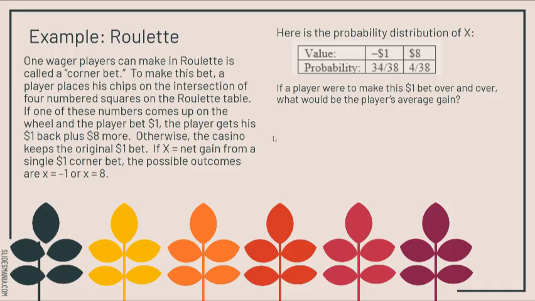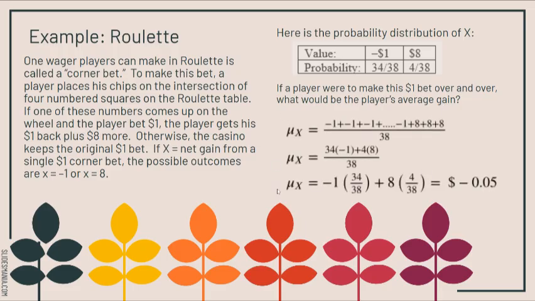Okay, so if a player were to make this $1 bet over and over again, so many, many times, what would be the player's average gain? I'm going to break it down and show you the easiest way to find this. The -1 is going to happen 34 times. The $8 will happen 4 times out of a total of 38.